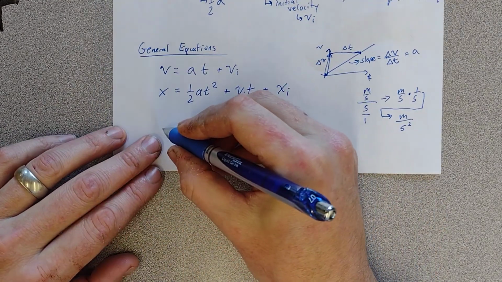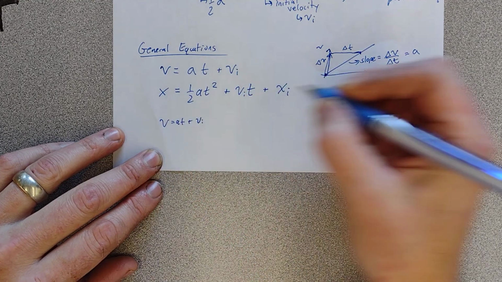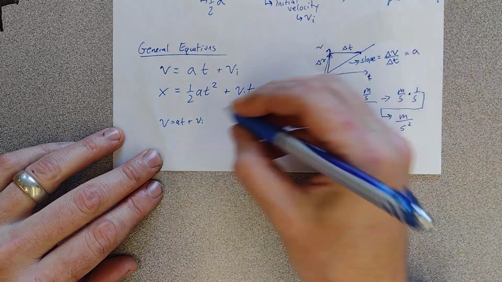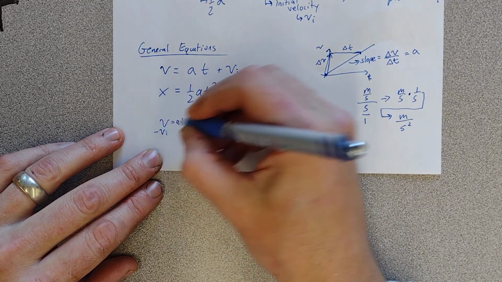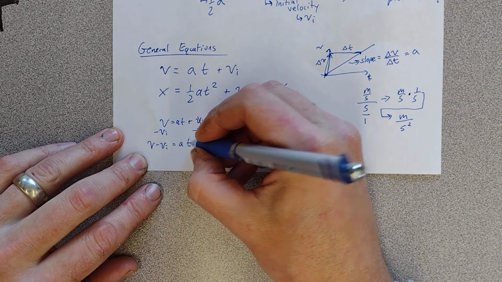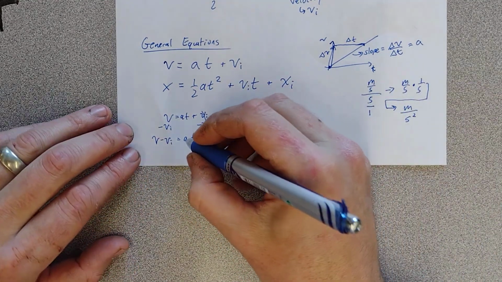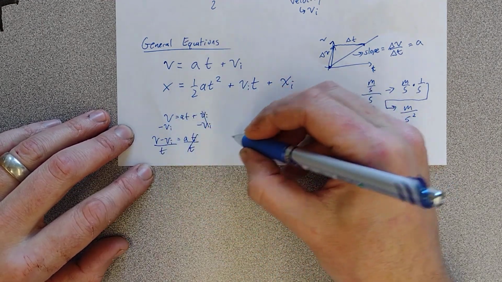Or we can solve for it here. We can say, okay, v equals at plus v initial. I'm going to solve this for a, so I'm going to subtract off v initial from both sides. So I have v minus v initial equals at. Divide both sides by t to get rid of the t over here.